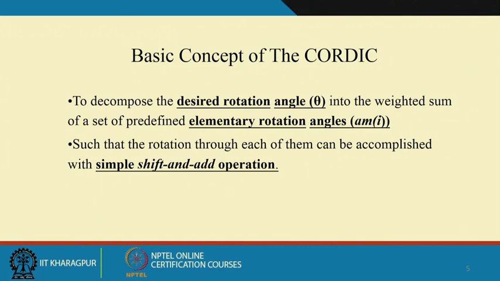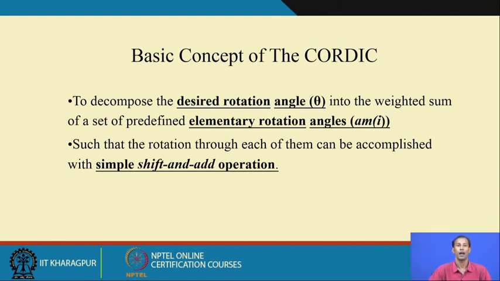The CORDIC algorithm says to decompose the desired rotation angle theta into the weighted sum of a set of predefined elementary rotation angles. What is the meaning of this line?